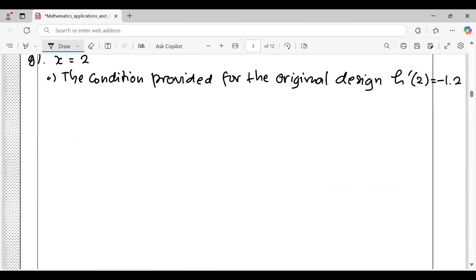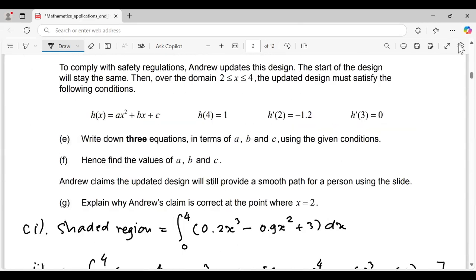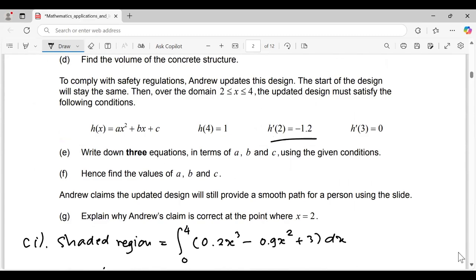Afterwards, for the updated design, if h'(2), it as well equals minus 1.2. This is the information.